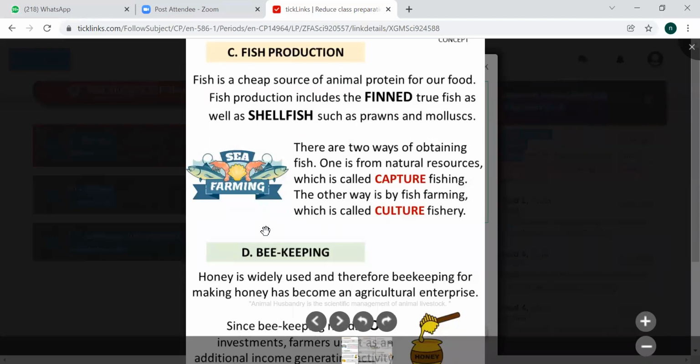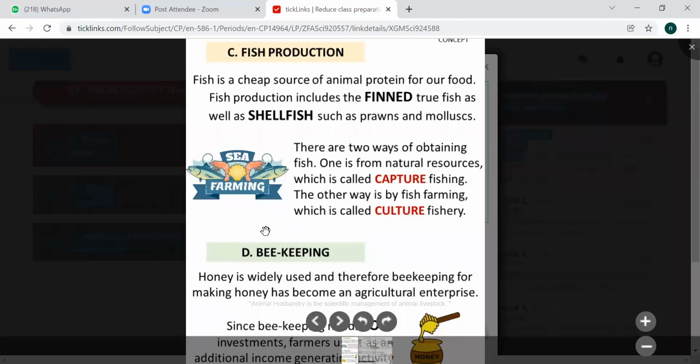Shellfish, prawns and mollusks are there. We generally eat prawn and fish only from water, aquatic animals. Mostly we eat these two, but there are many other people who eat mollusks also. There are many shelled animals inside the sea, where we get dietary food materials from.